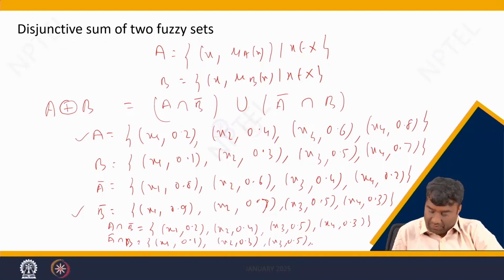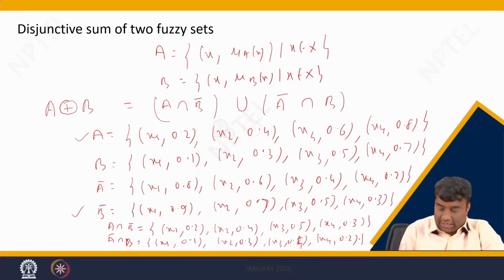Once again check: the values are 0.1, 0.3, 0.4 and 0.2. Now take the union.